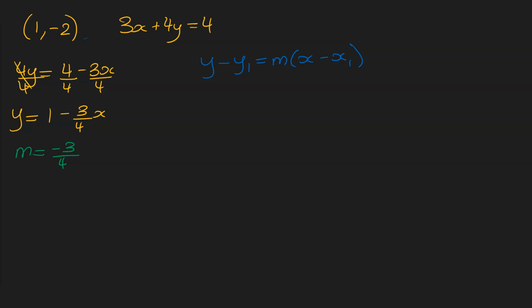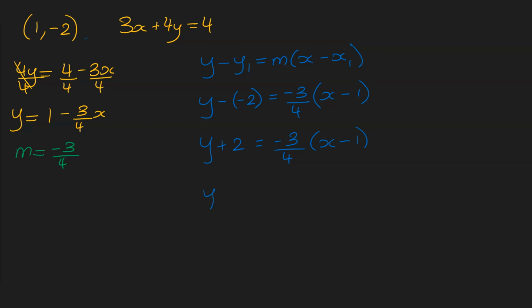So I'll substitute in my y, x, and m. Y minus negative 2 equals negative 3 over 4 as my gradient, times x minus 1. So this becomes y plus 2 equals negative 3 over 4 bracket x minus 1, and we'll simplify it out.